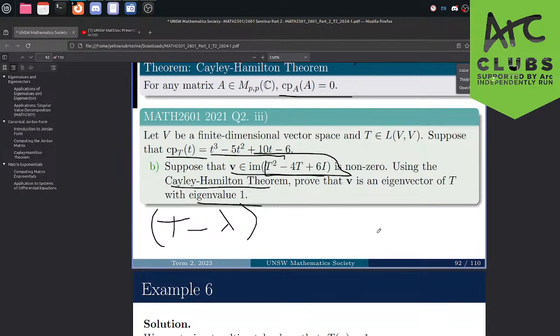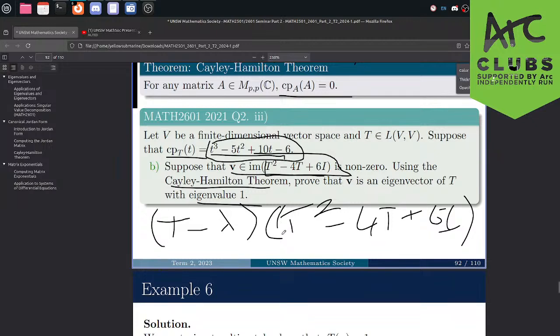So you have this T minus lambda here, and you also notice I actually have this quadratic t squared minus 4t plus 6I here. The idea is you think to yourself, maybe the characteristic polynomial has this quadratic as a factor. And if it has this quadratic as a factor, the other factor must be this. So v is in the image of this quadratic in terms of T squared. Then for some reason, when I apply T minus lambda, it becomes 0.